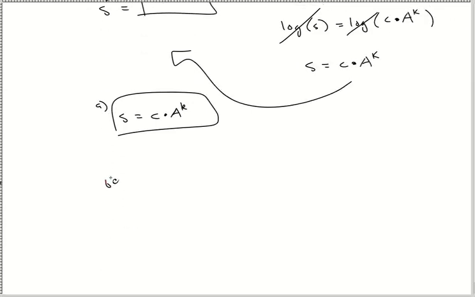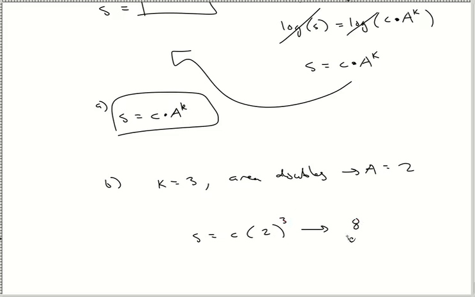Cool. Part B is now saying, well, k is equal to 3, and my area is doubled for this whole species thing. So that basically means area, like A, equals 2, essentially. Then my S is equal to C times 2 cubed, if you follow that same formula right there. And so you'll get an 8.